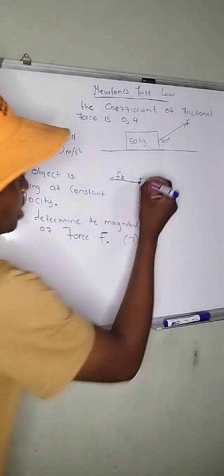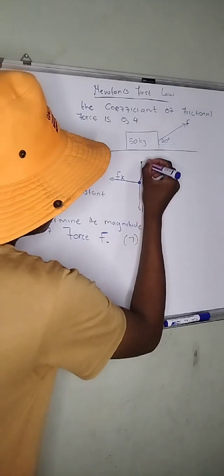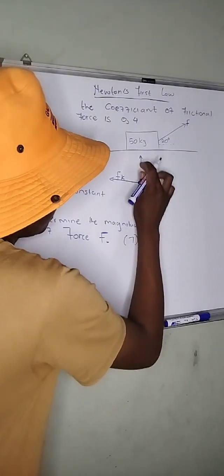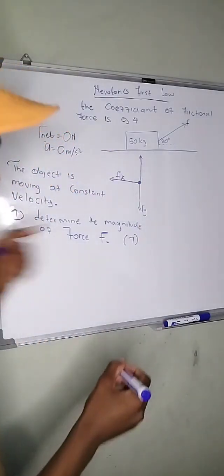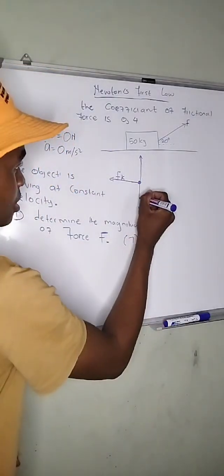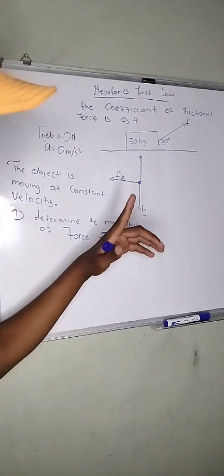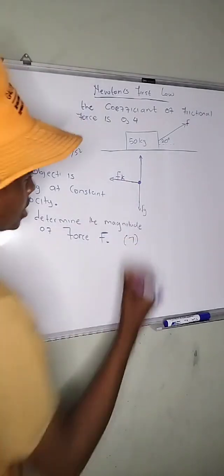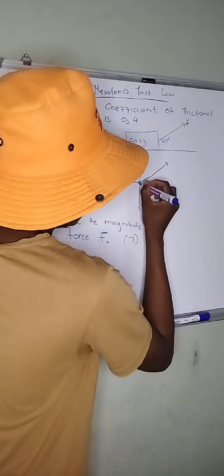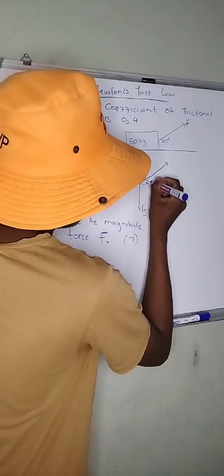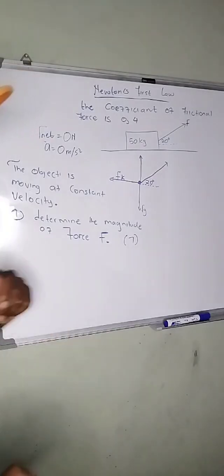And what else? We're going to have our normal force, and I'm going to talk some more about the normal force, which is fine. And we're going to have our applied force F in that direction, 20 degrees.